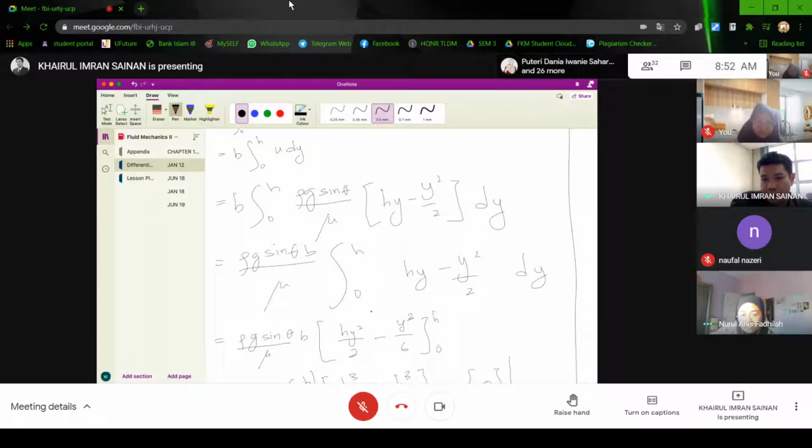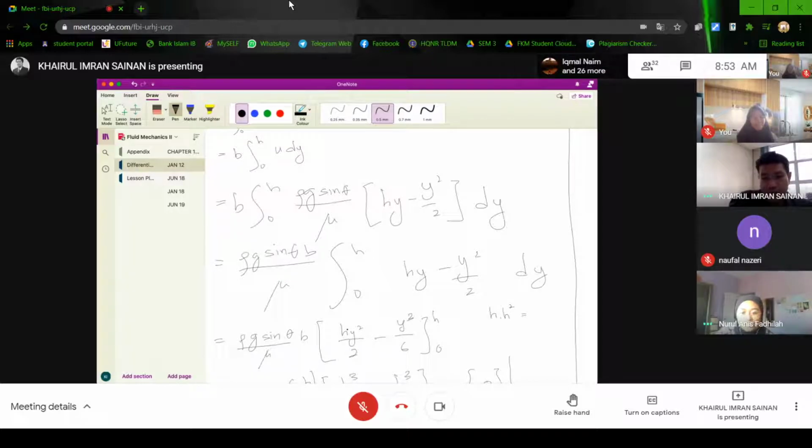This h, we put it here, right? So it becomes h multiplied with h squared, which becomes h cubed.